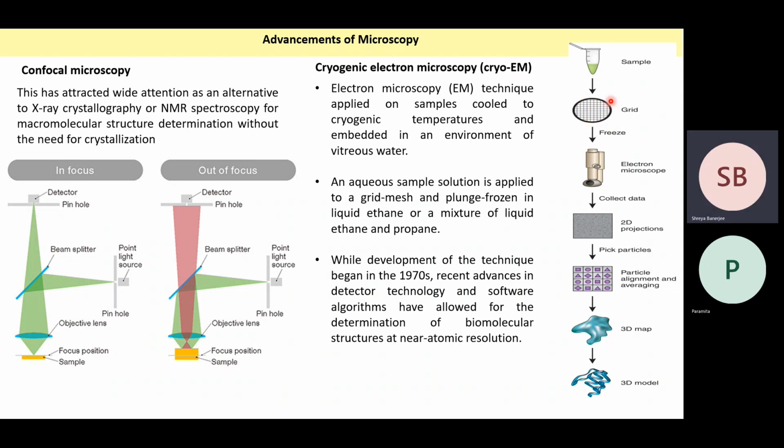After the mounting, it is cooled to very low temperatures such that all the water in the sample is maintained in the native state and is not crystallized out. After that, the aqueous sample solution is applied on the grid mesh and frozen using liquid ethane or a mixture of liquid ethane and propane. After freezing, it is observed under the electron microscope and data is collected.